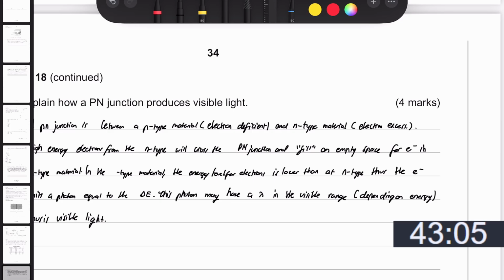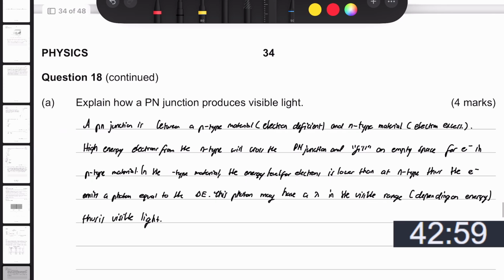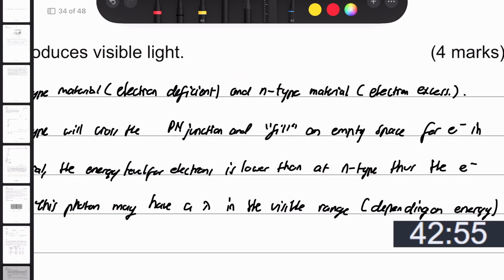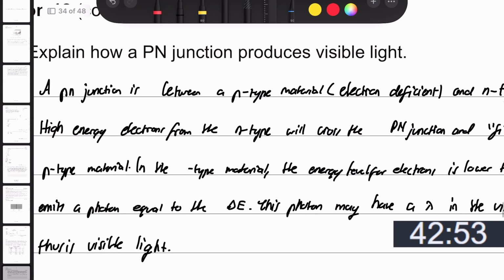The N is the one that gives away. Flow from the N to the P layer.